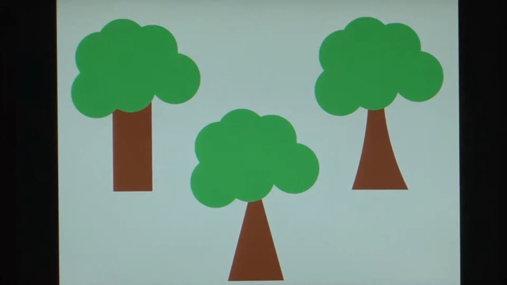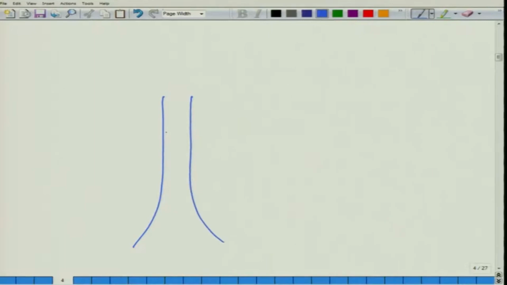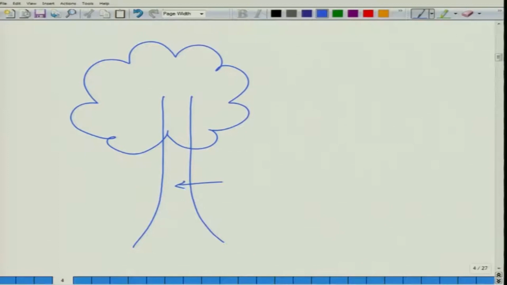Suppose you have a tree and this portion is the main stem. If we plot with height h, what are the various diameters?